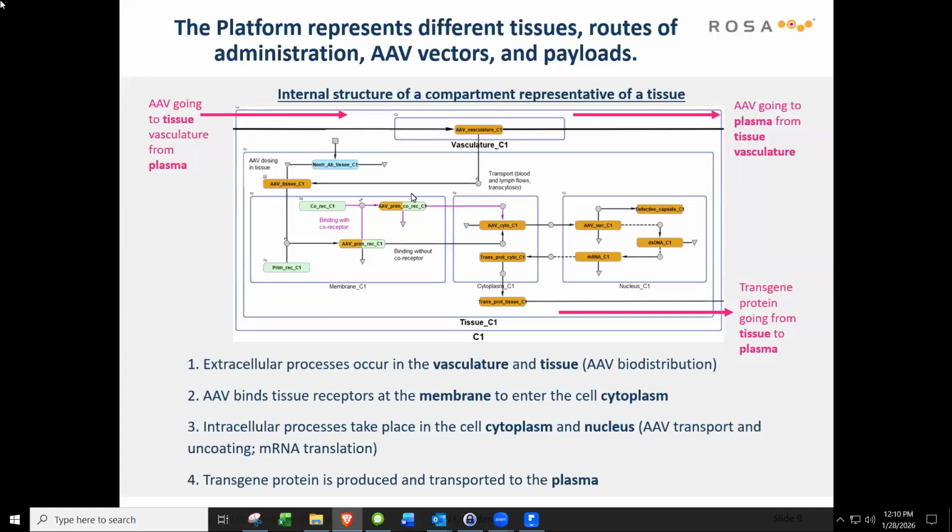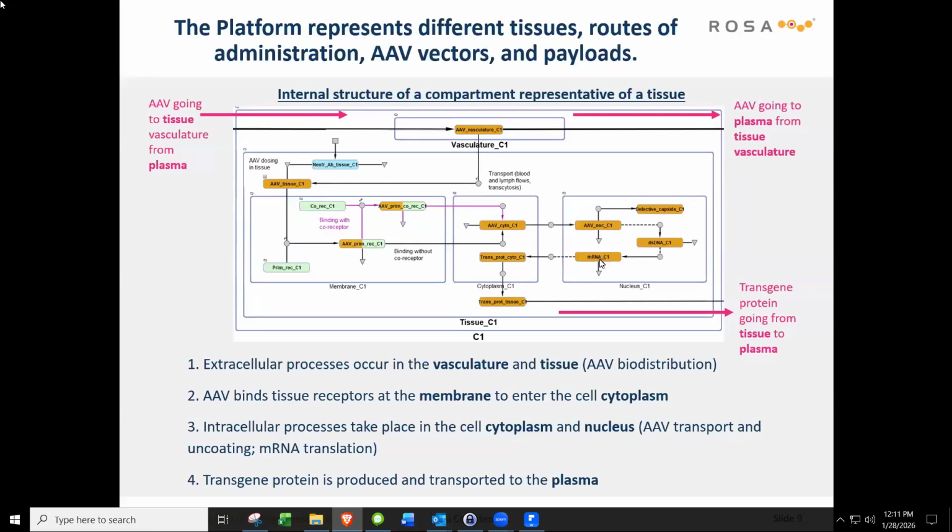From membrane, AAV goes inside the cell. On the right, in the center, the compartment represents the cytoplasm of the cell, and from cytoplasm it will go inside the nucleus on the right, where other processes such as uncoating or mRNA translation take place.